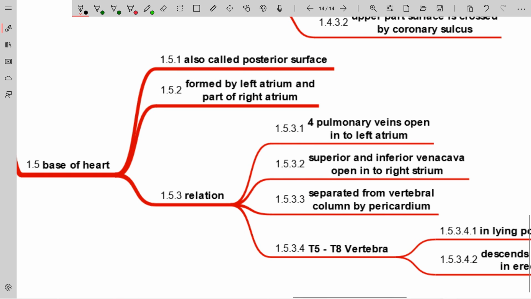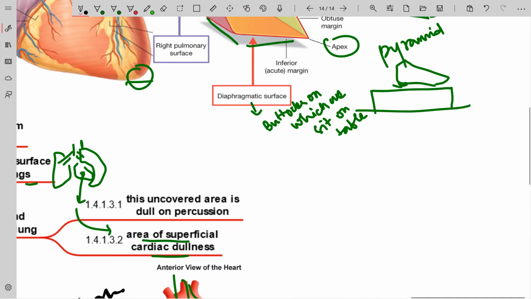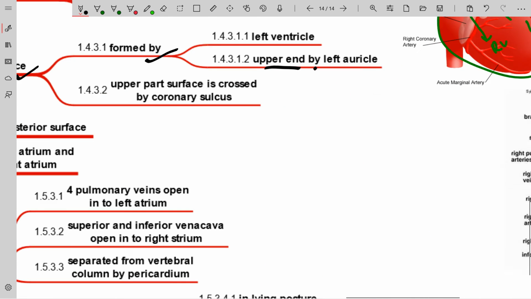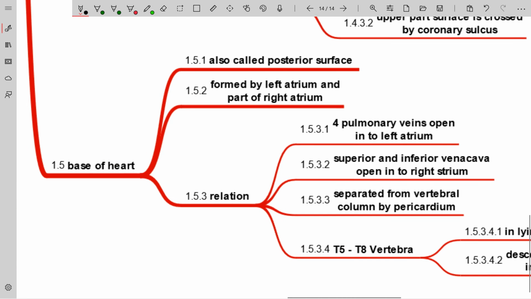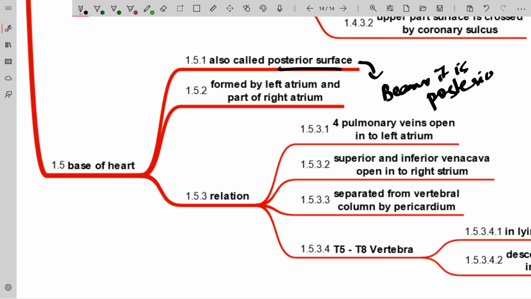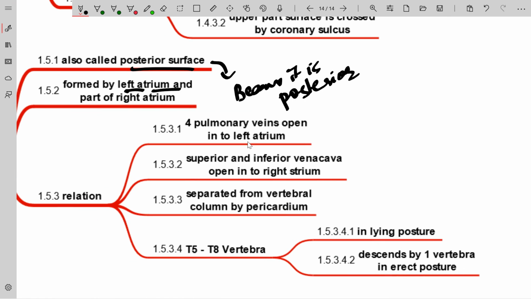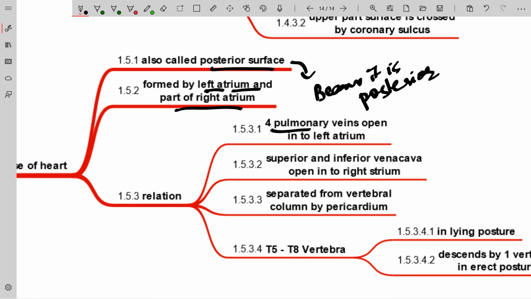This is the base of the heart, also called the posterior surface because it is posterior. It is formed by the left atrium and part of right atrium. 4 pulmonary veins open into the left atrium.